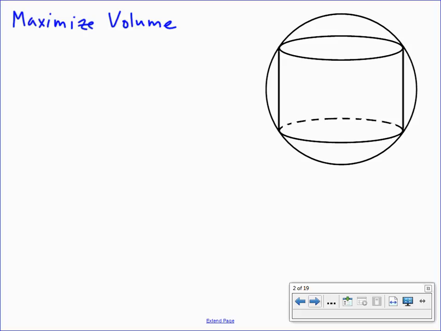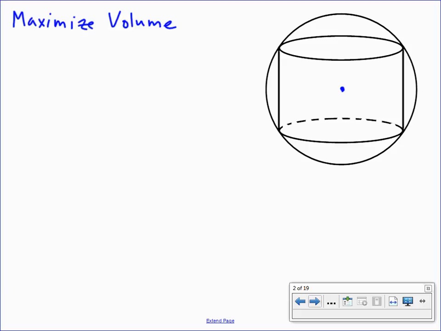All right, let's go ahead and write a formula then for that volume. In order to do that, we need to go to our picture. And I think the key here is recognizing that the center of my right circular cylinder and the center of the sphere coincide. So here in the middle, that center in the middle of my sphere and right circular cylinder is the same point.